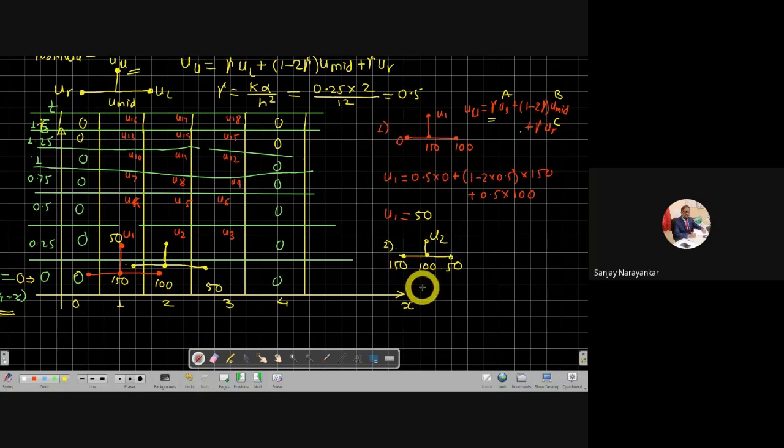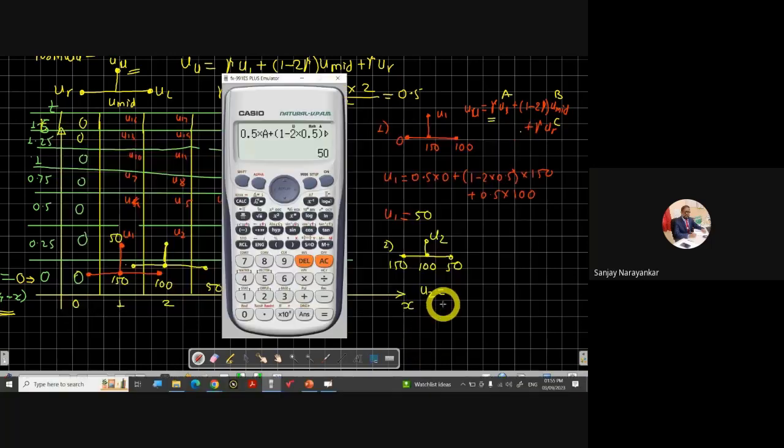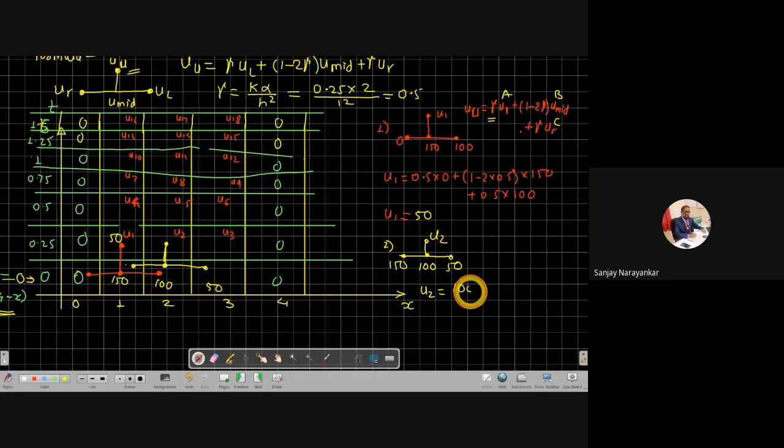Use the calculator: left value is 150, middle value is 100, plus right value is 50. U2 is equal to 100. You can write this 100.